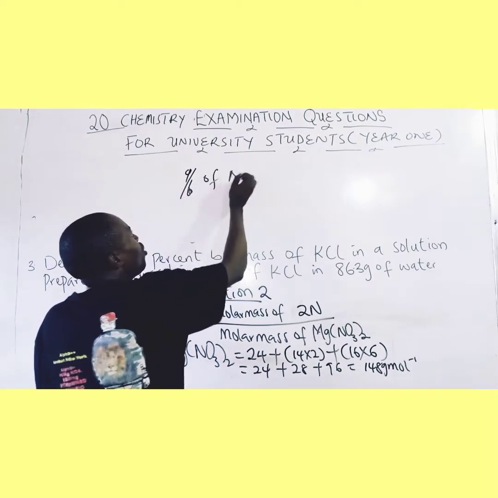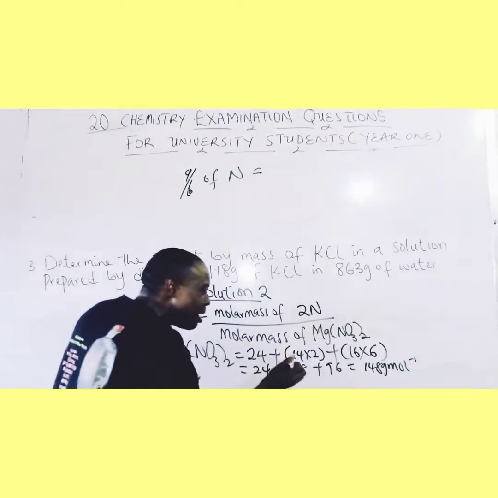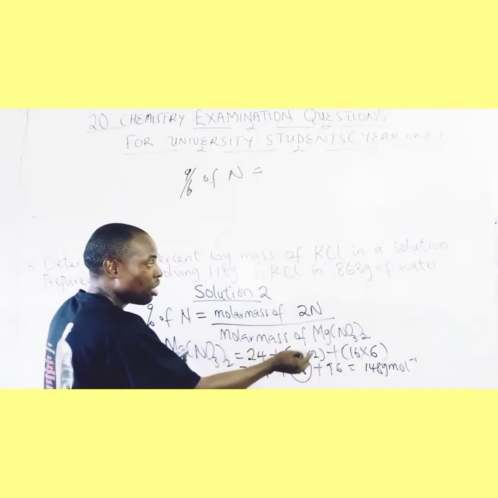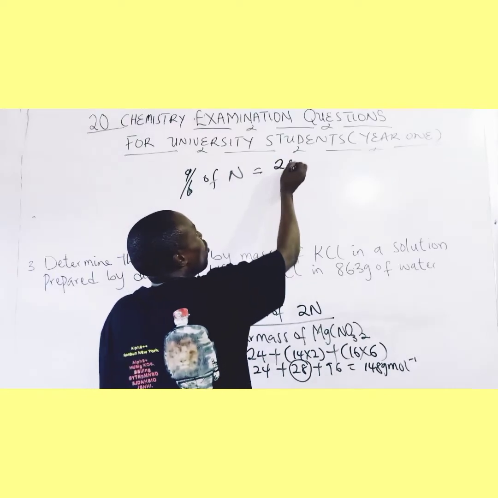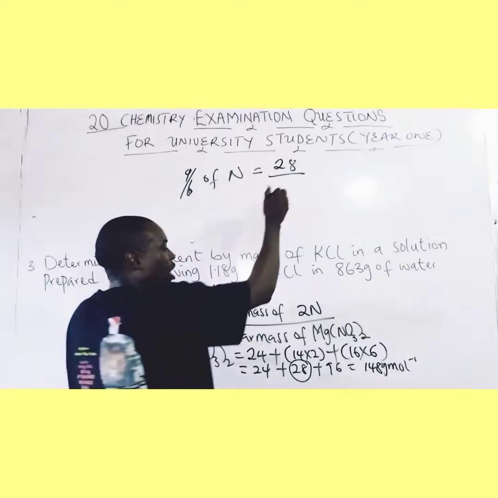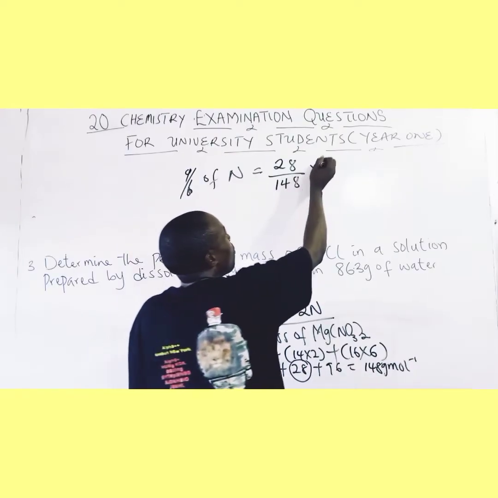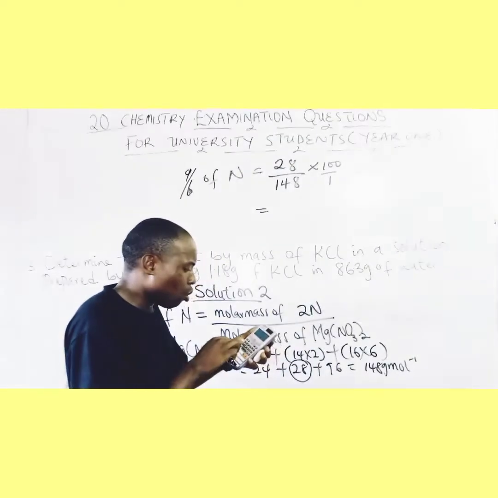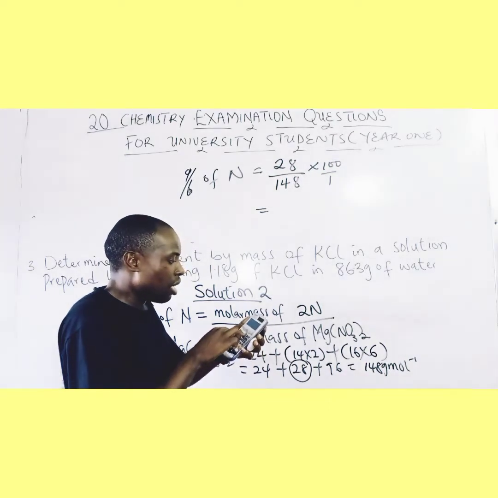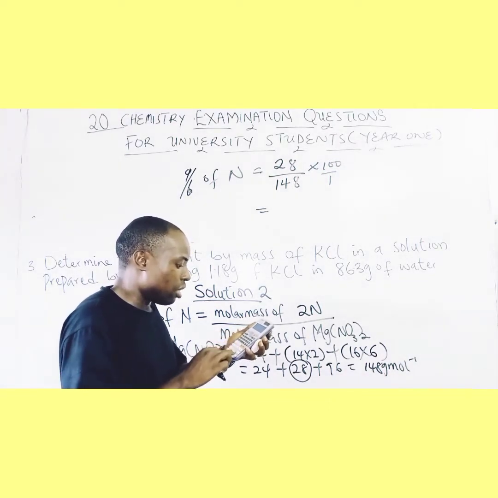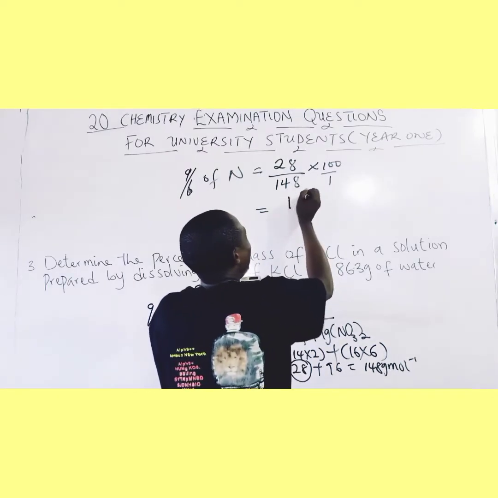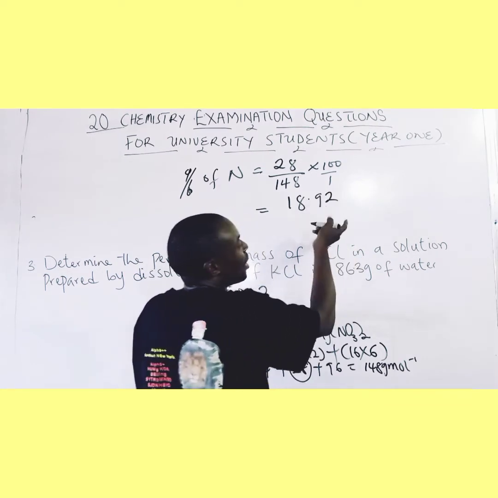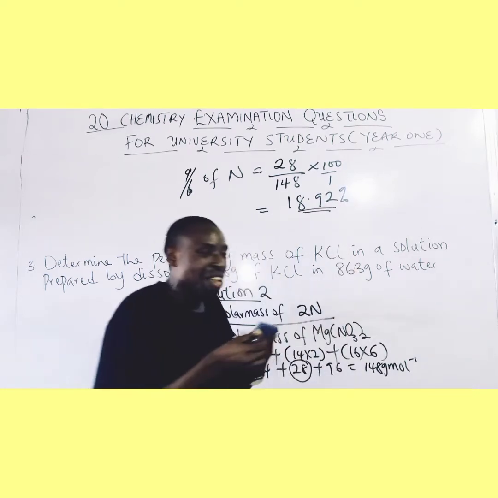Percentage of nitrogen is equal to the mass of nitrogen, which is 28, because you already multiplied 14 by 2, over the molar mass of the compound, 148, multiplied by 100 over 1. The final answer is 18.92%.